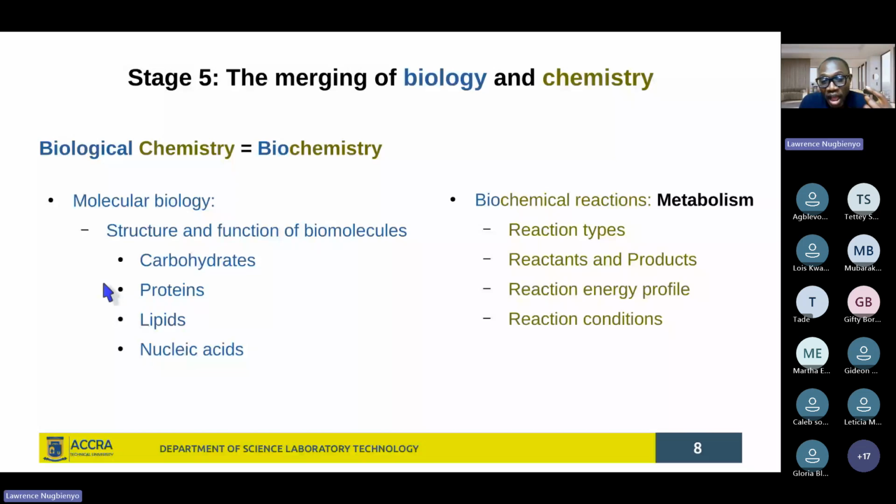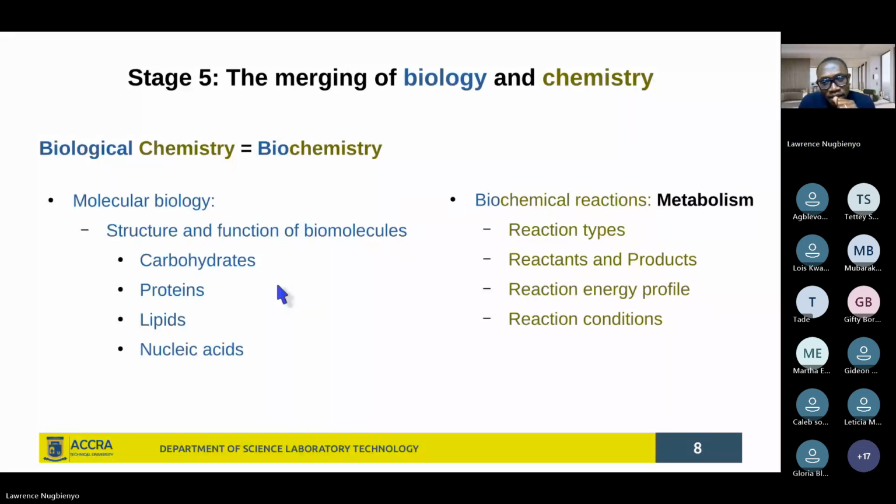So you realize that throughout, those of you coming from HND now, the biochemistry you were doing at all times, when you were referring to the molecules or anything you were doing either practically in the lab or even theoretically, it was about these molecules, what we refer to as the biomolecules, biological molecules, be they carbohydrates, proteins, lipids or nucleic acids, because these are the molecules that make up the living systems.